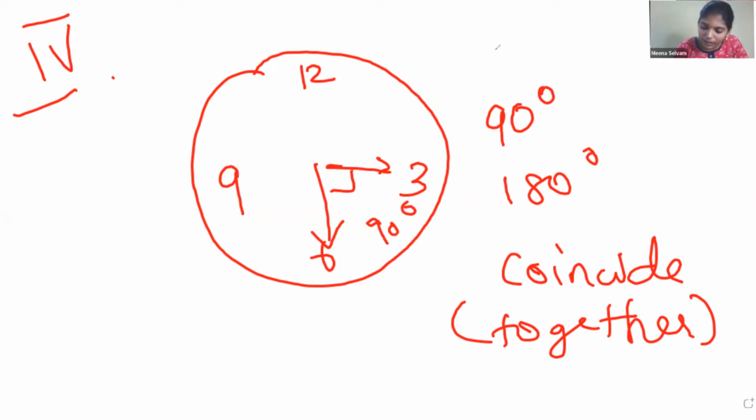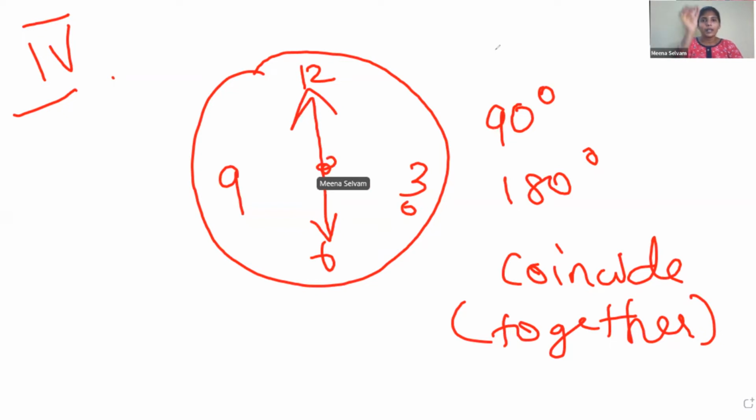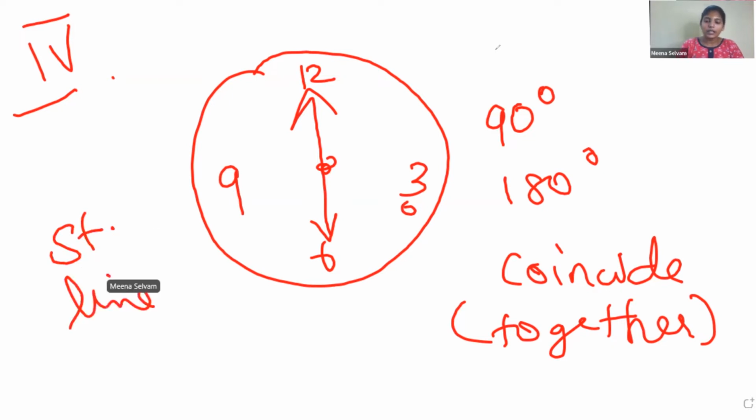Okay, see, when you see it like now, if it is 6 o'clock, how are the lines? They both are opposite to each other. They make a straight line. Yes, so they make an angle of 180 degree. Am I right?